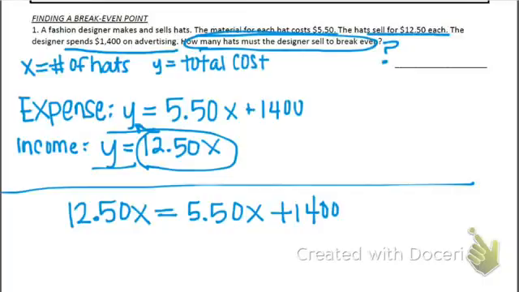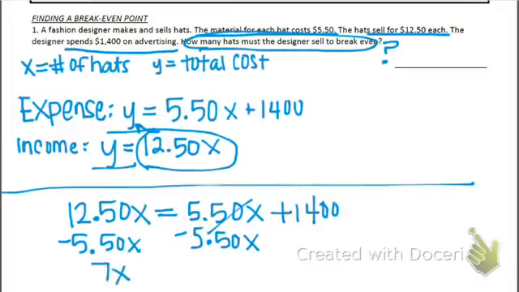Now solving this should be a piece of cake. So we subtract 5.50x from both sides. I get 7x equals 1400.